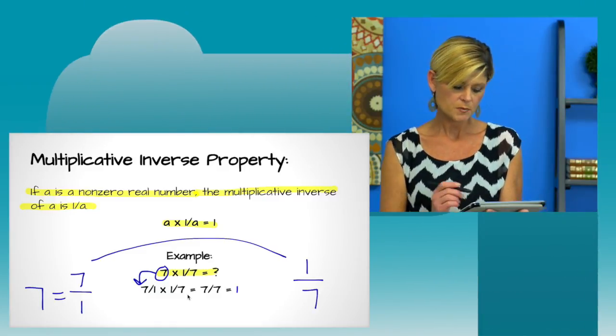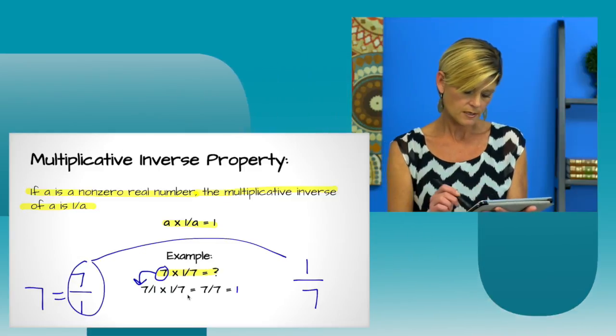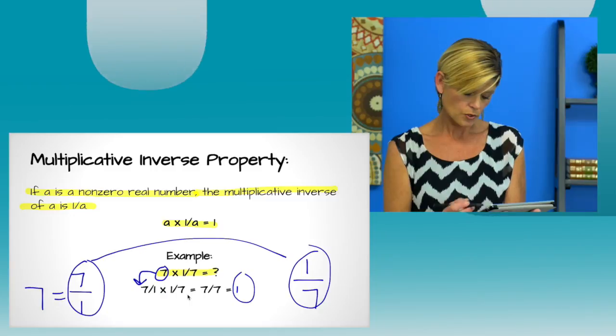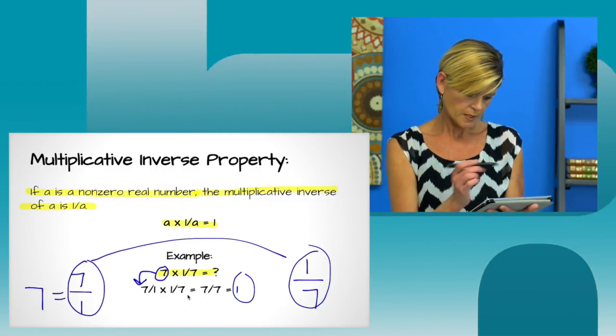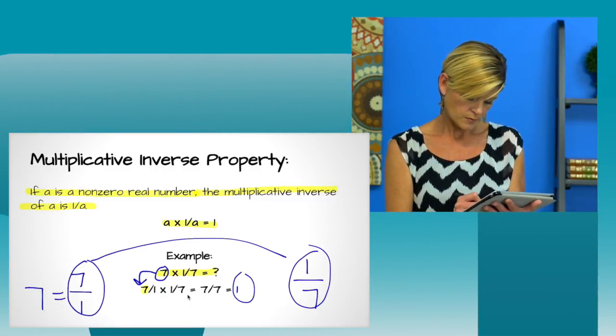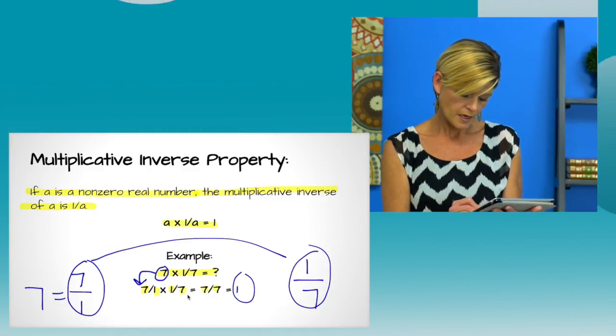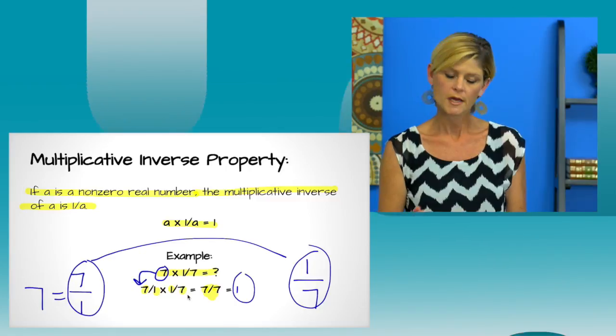And what this property tells me is if I multiply this number times this number, I will get 1. Is it true? Yes, because 7 times 1 is 7, and 1 times 7 is 7. And we know that 7 over 7 equals 1 whole.